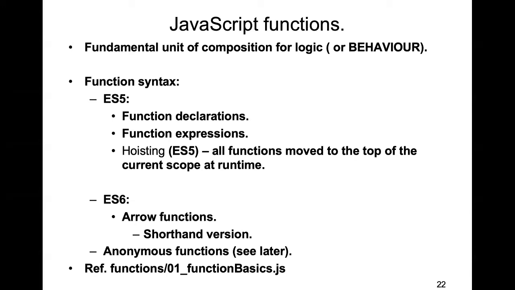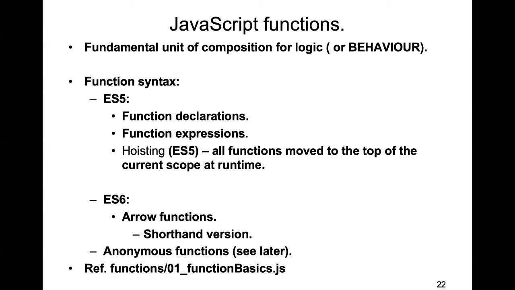And again, we have the pre and post ES6 eras. In pre-ES6, which I'm just calling ES5 there, ECMAScript 5, there were two ways you could declare functions: using function declarations or function expressions. And we'll see these in a second. And JavaScript had this odd characteristic called hoisting.